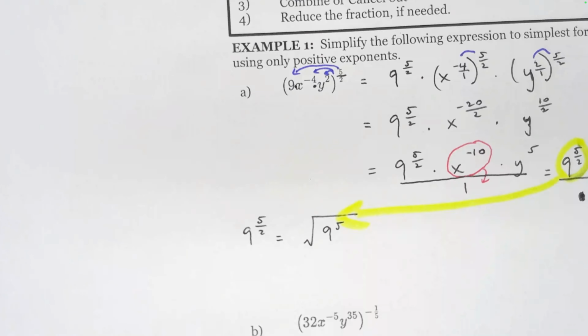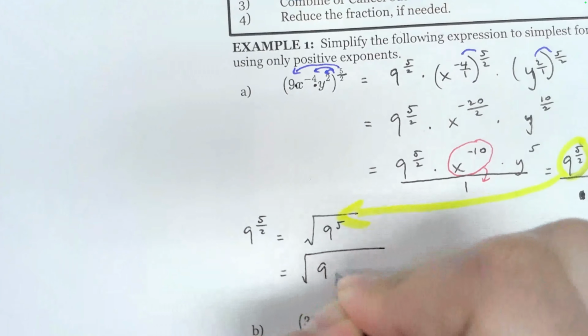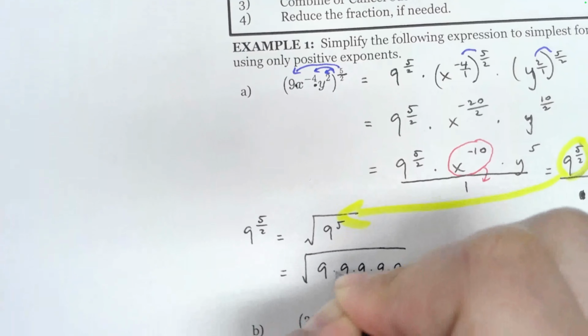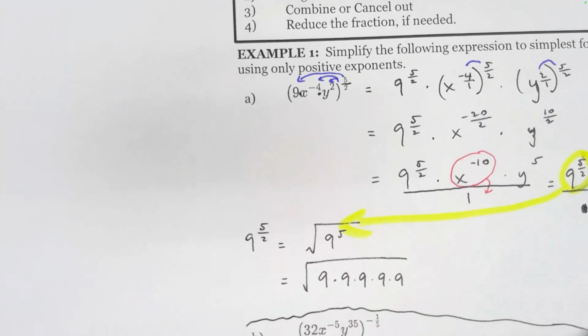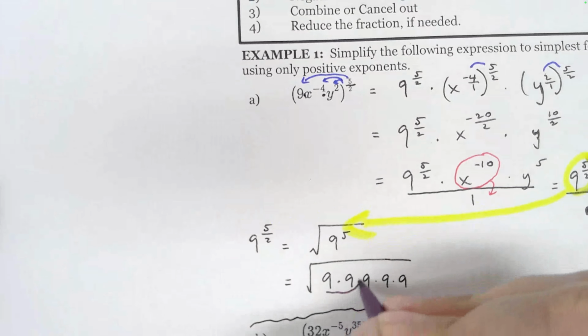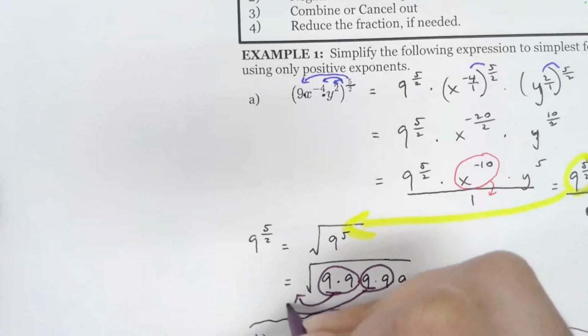Look for pairs. Look for pairs. So I have 9 times 9 times 9 times 9 times 9. Well, I have 1 pair, 2 pair.